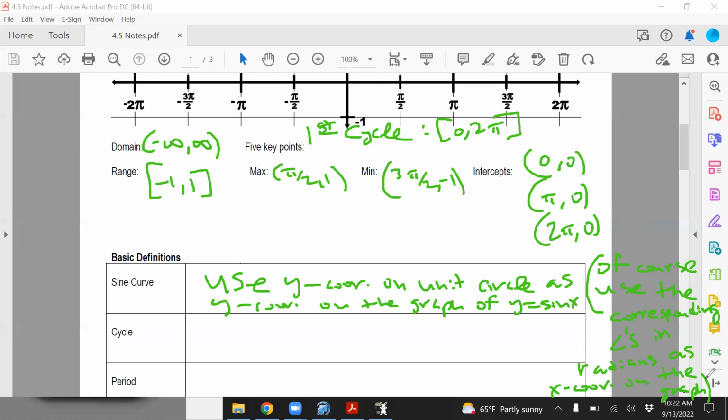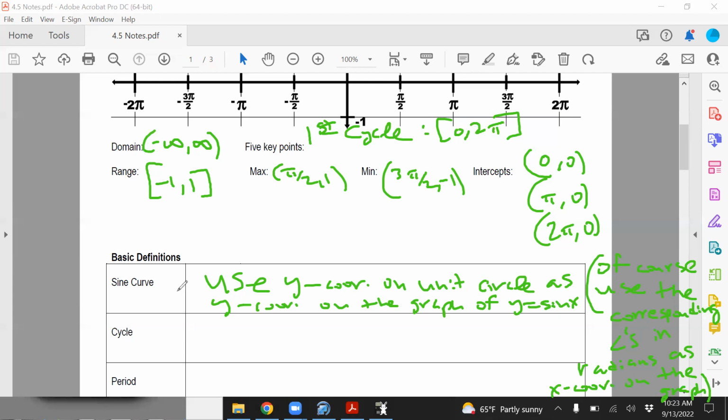For example, at pi/2 in the circle, the y coordinate was 1, so I take (pi/2, 1) on the graph. Or at pi, when we have pi radians, the coordinates are (-1, 0), so the y coordinate there is 0. So I get (pi, 0) on the graph.